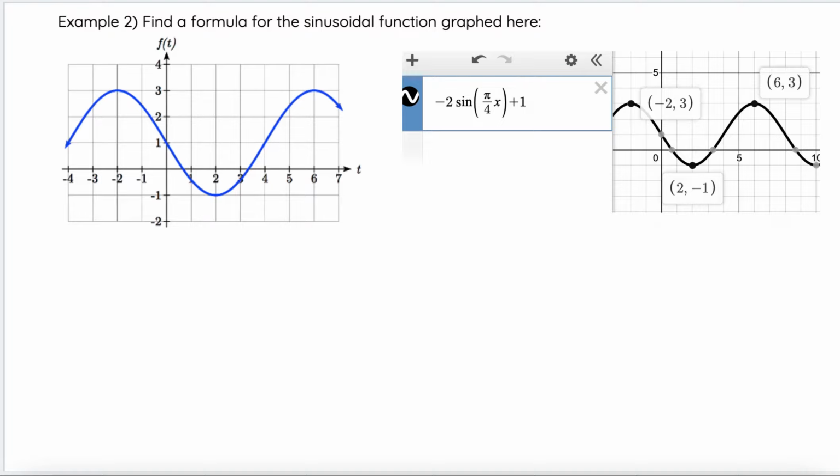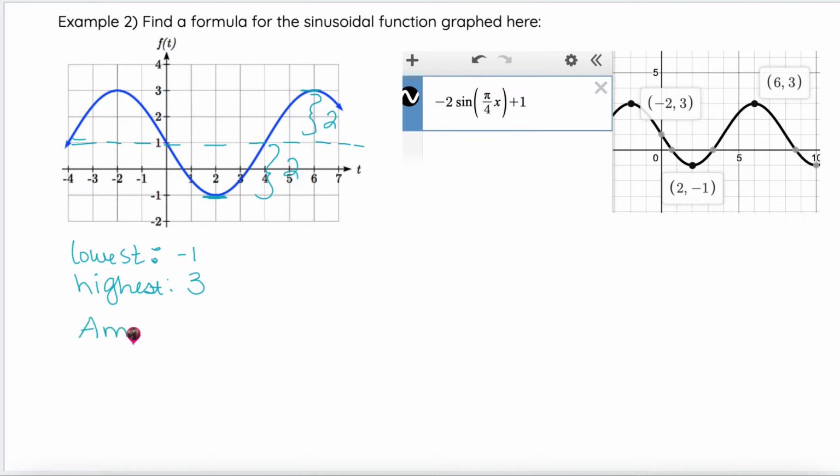So there's a few pieces that I'm going to look at. I'm going to look at the lowest point. The lowest value is -1 down here, and yet the highest value is 3. So when I kind of cut my graph, finding that midline, the units above the midline and below the midline are 2.